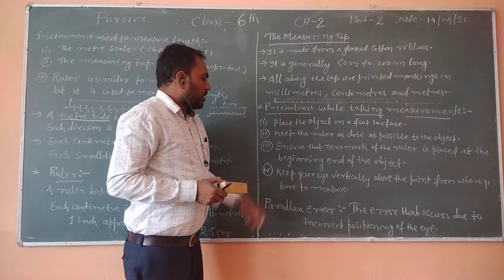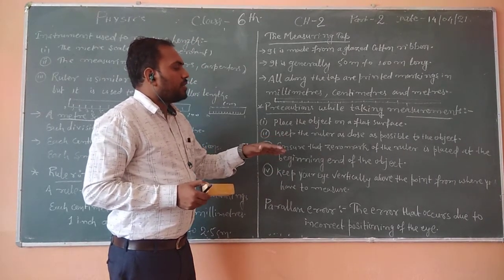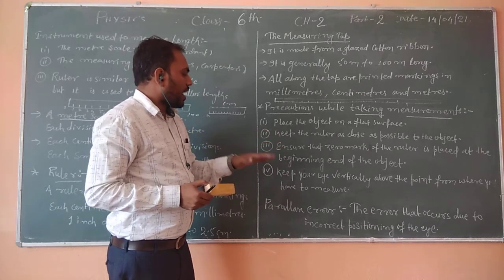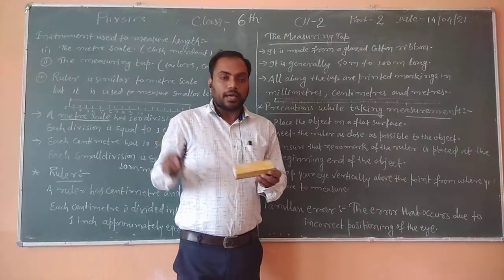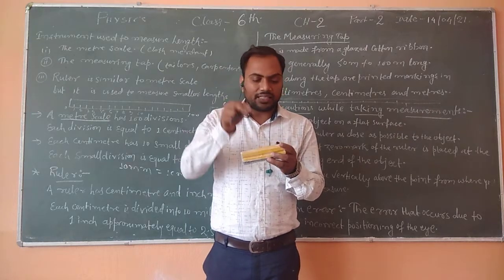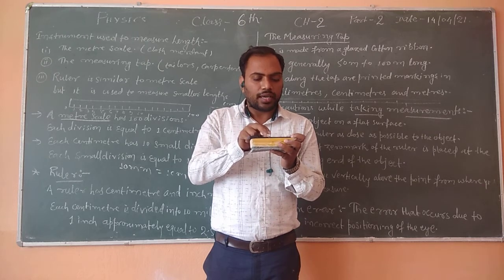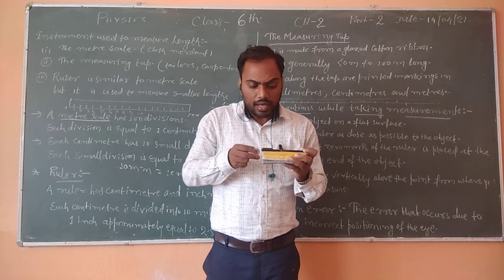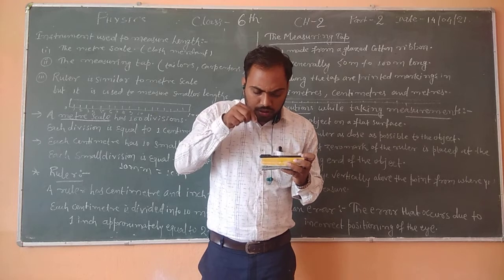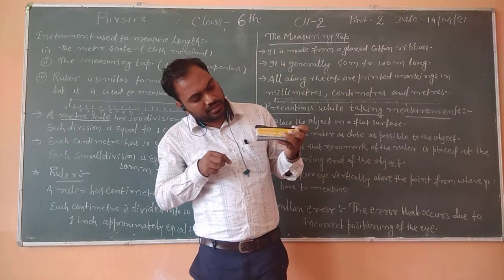Next point, keep your eye vertically above the point where you have to measure. If you are measuring this duster by this scale, we have assumed that this is a scale, put it in and look from the top, not from the side.